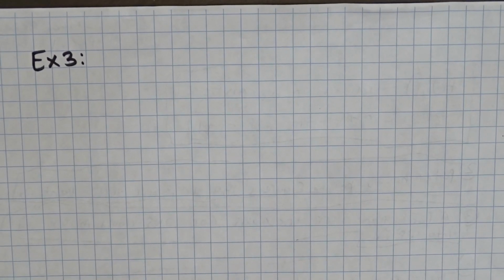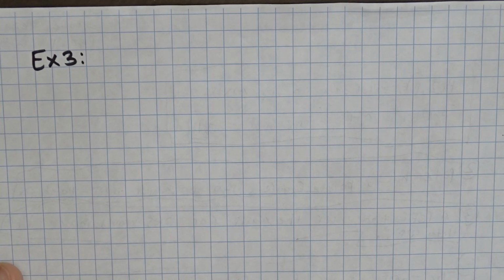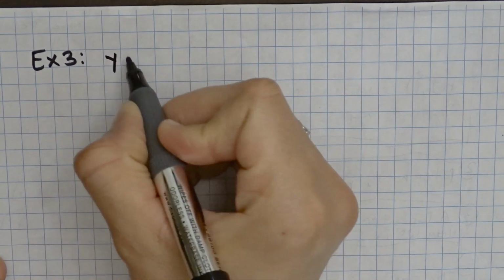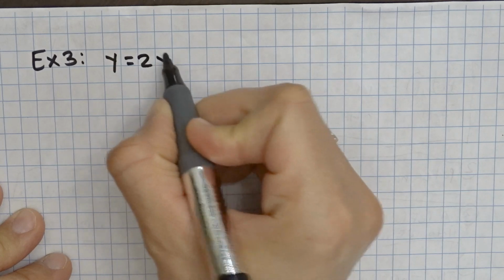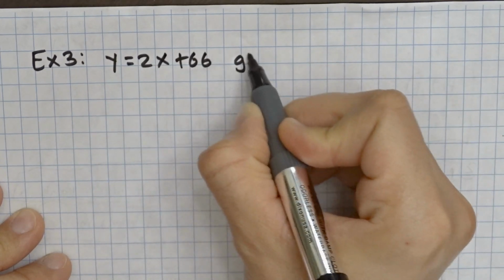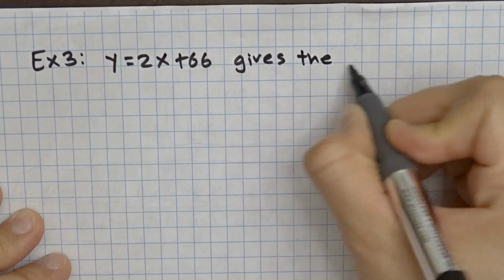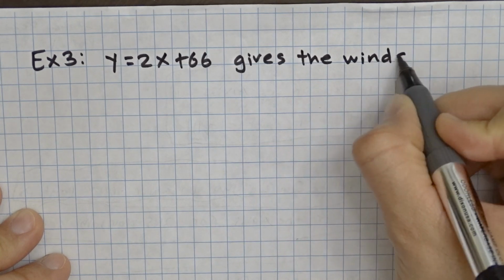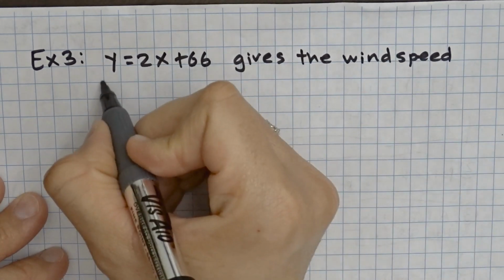All right, so example 3. This one's a word problem, a real life application. So let's say we have a tropical storm, and the speed of the storm, we're going to call the speed y, is determined by y equals 2x plus 66, which gives the wind speed of a tropical storm.